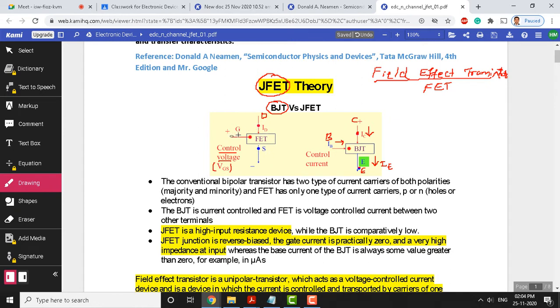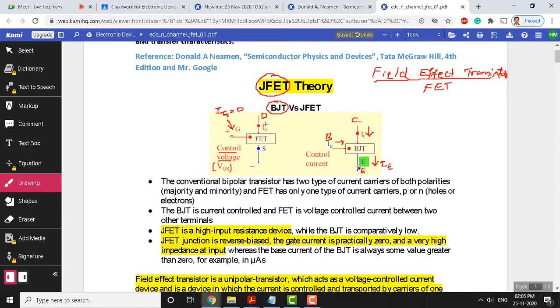The gate current does not exist in the JFET. Ideally speaking, the gate current is going to be 0 in FETs, because there is isolation between the gate and drain and between the gate and the source.